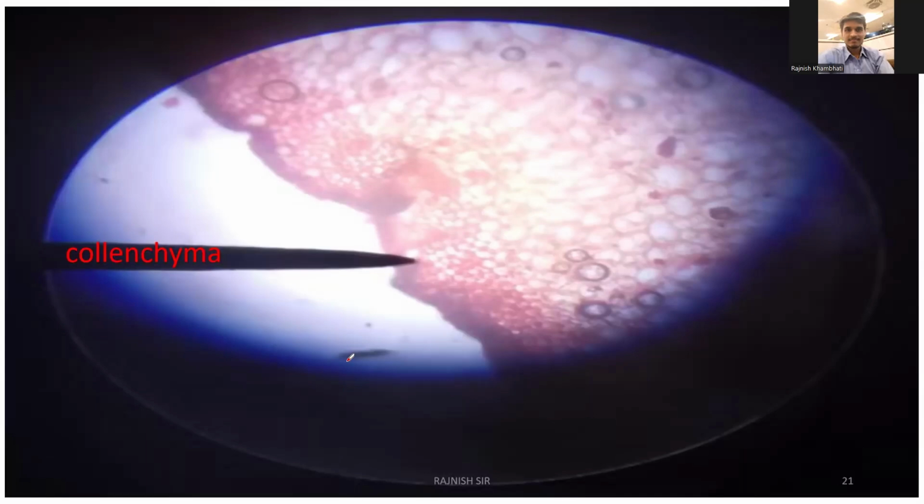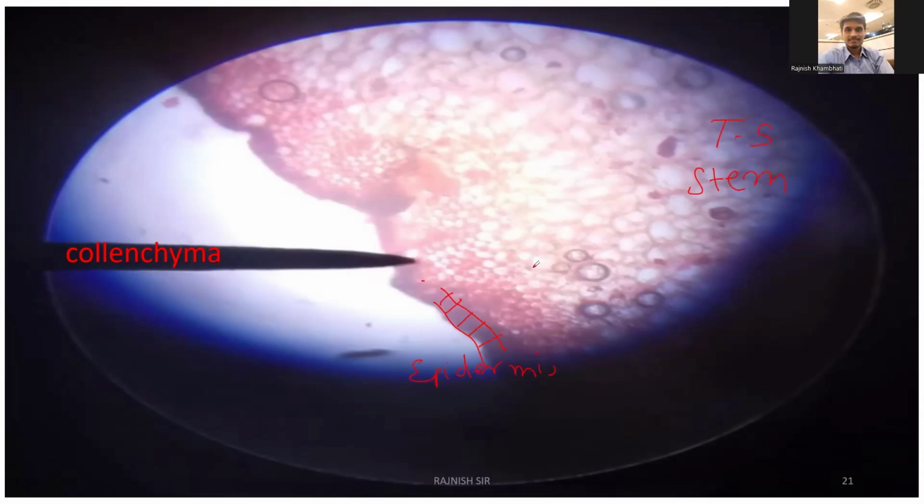What you see here is a stem, the TS, transverse section of the stem. Look at my pen: this portion is called epidermis, the outer portion.